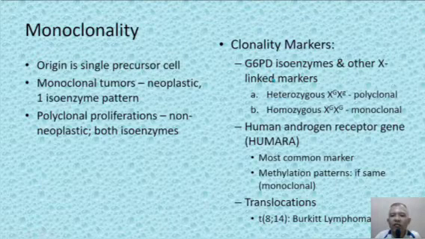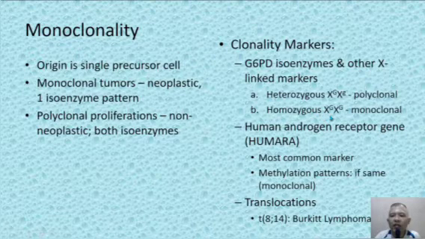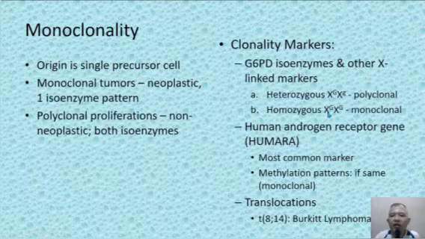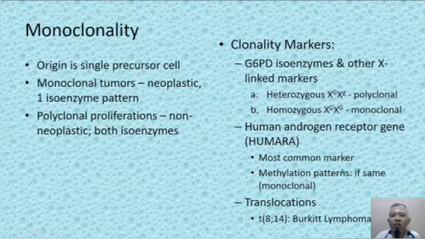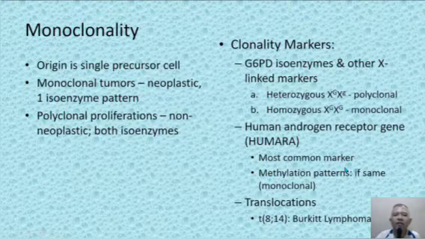In G6PD, if the allele is homozygous, since it's X-linked, both alleles are attached to the X chromosome, so that presents a monoclonal tumor. Next, for the human androgen receptor gene, if it is monoclonal, it presents with the same methylation pattern.